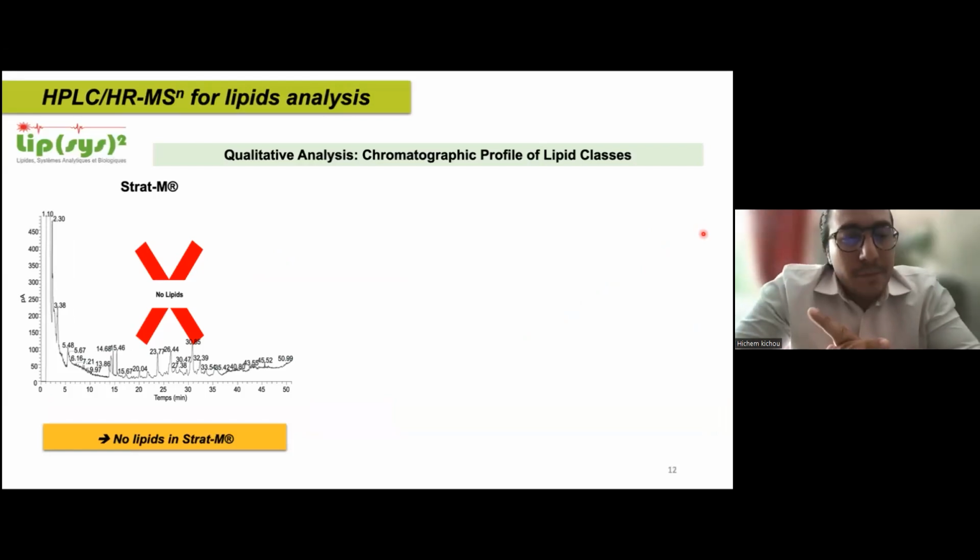To better understand the difference in permeability, lipids were extracted from the skin models and analyzed using HPLC-MS. The results revealed that, contrary to some literature reports, the Strat-M membrane does not contain any lipids or any synthetic lipids.